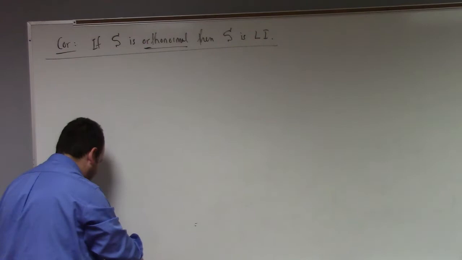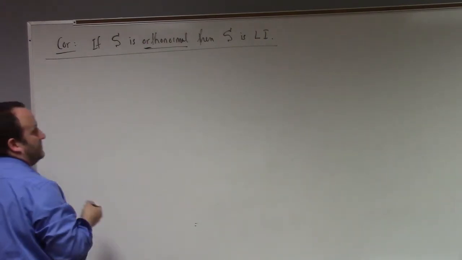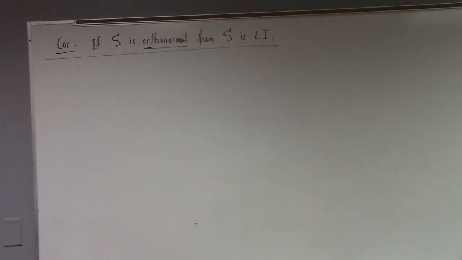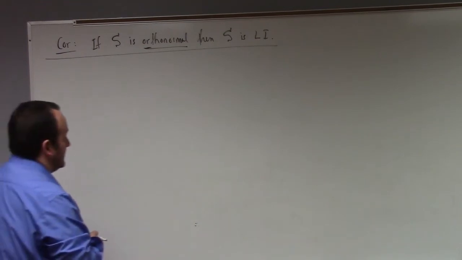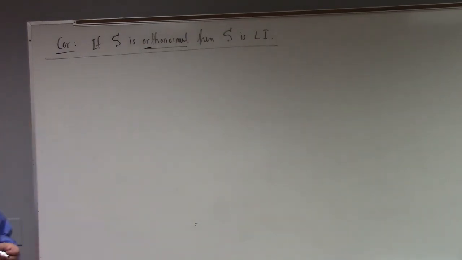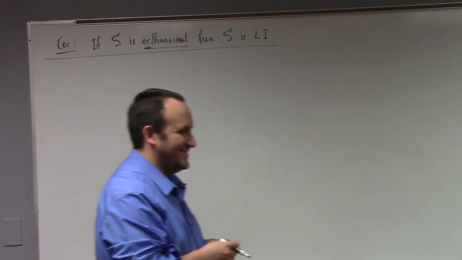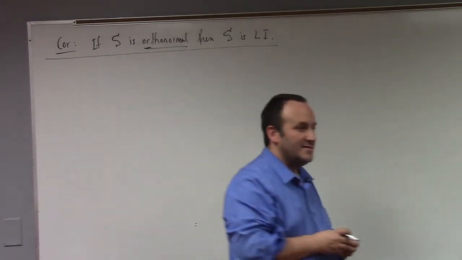But there's more. Do you see why that is true? Let me explain. If it's orthonormal, that means that every vector in the set has length 1. Does that mean each vector in the set is a unit vector? Exactly. Each vector of the set is a unit vector. That's a perfect way to say it. Calc 3, yeah. That's what we're trying to generalize here.